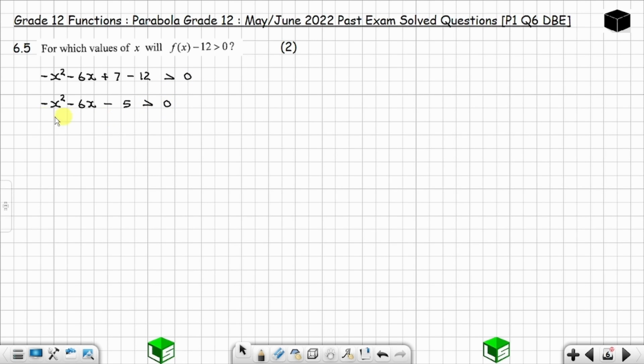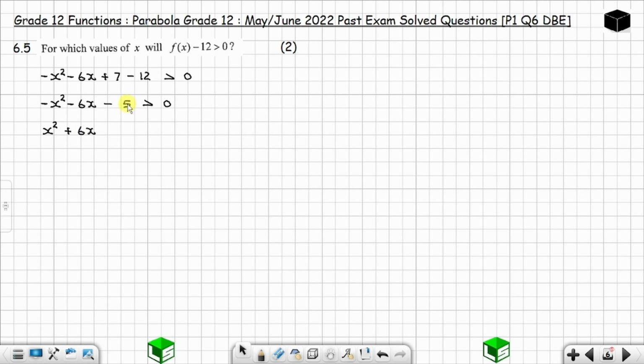Okay, and now you can see the coefficient of x squared is negative 1. Okay, let's change this to a positive 1. So what we are going to do is to multiply by negative 1 throughout. When you multiply this by negative 1 throughout, this is going to be x squared. You multiply this by negative 1, this is going to be plus 6x.